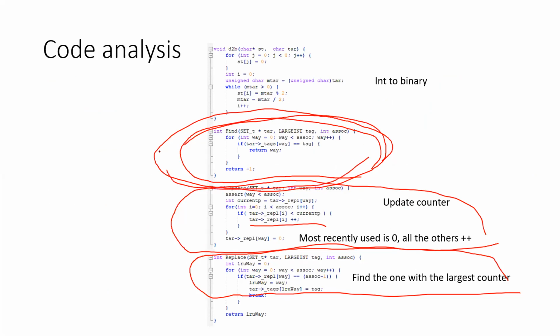By this function, you can find that part. Again, this update function helps you to increase the counter, plus. And this sentence sets the most recently used value to 0. And then the replacement policy just picks the counter with the largest value.